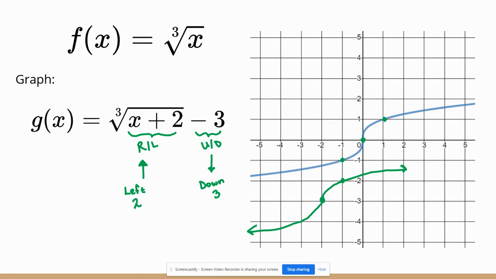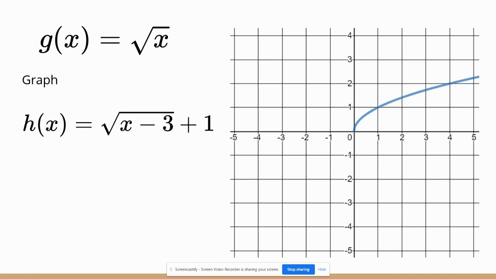The key is that every single point on this graph is going to go left 2, down 3. That one's a little harder to graph accurately, but every point on that blue graph gets moved to a new point by these 2 translations. My final graph should have the same shape as the original graph. It should only be moved on the plane.